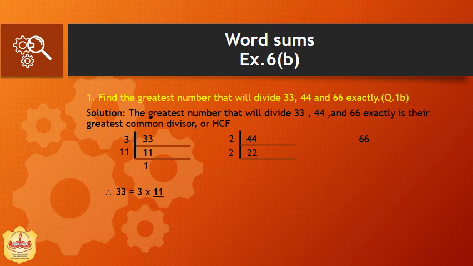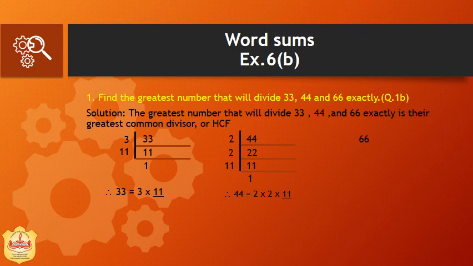What will be the quotient or answer of the division of 22 by 2? It will be 11. Now 11 can be divided completely by 11. So we will divide it by 11 and our answer will be 1. So the factors of 44 are 2 multiplied by 2 multiplied by 11. Is it clear?